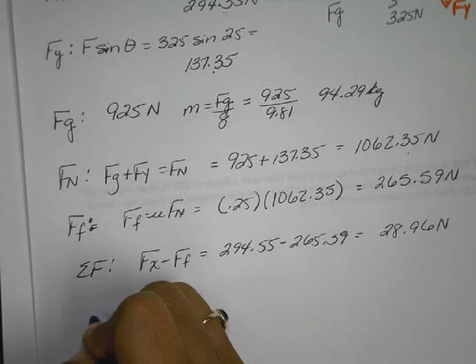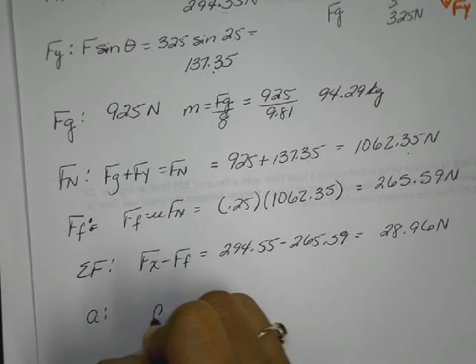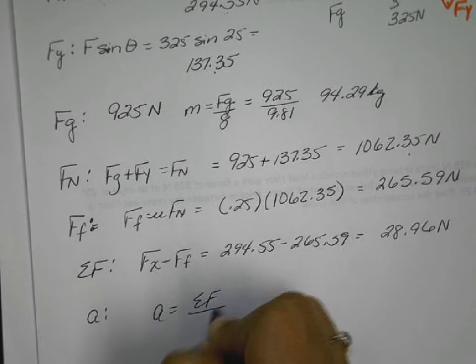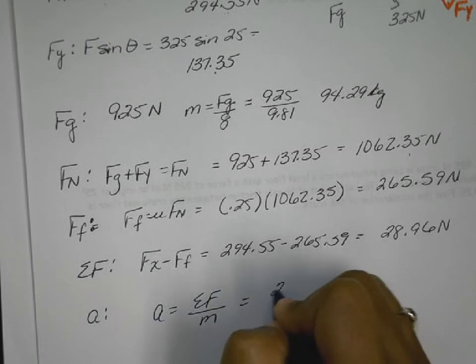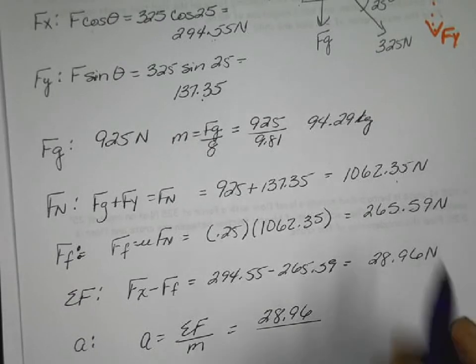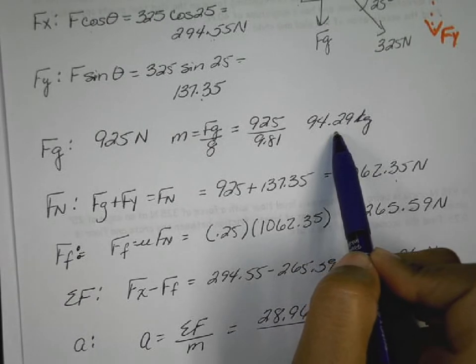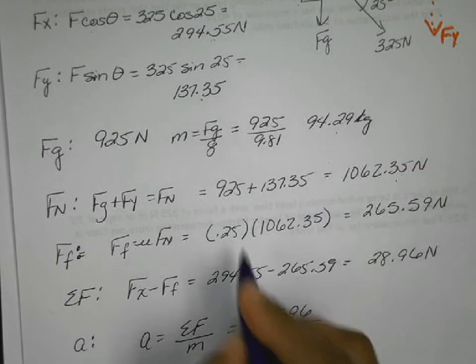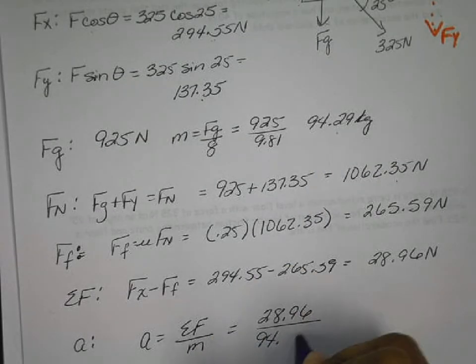And then what is A? A is the sum of the forces over the mass, 28.96 divided by the mass, which we found way up there, 94.29.